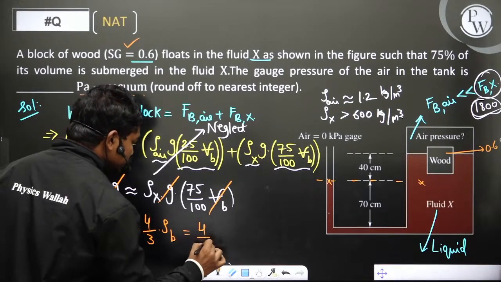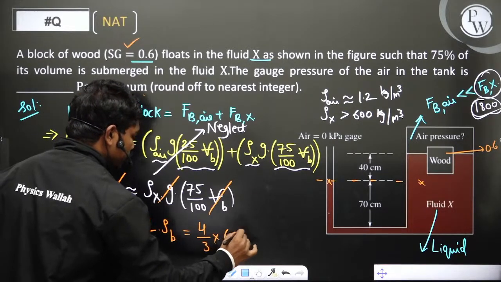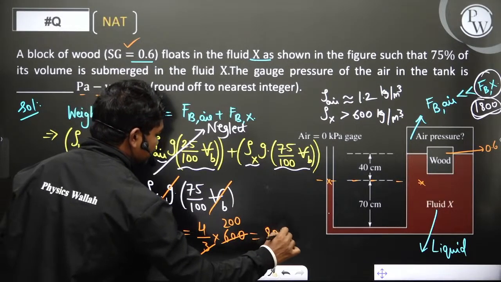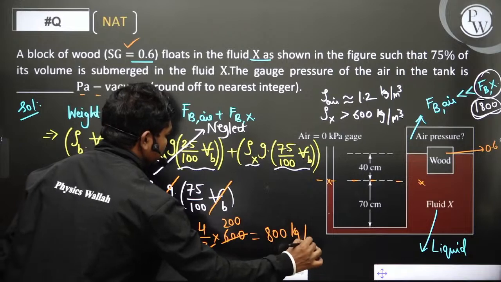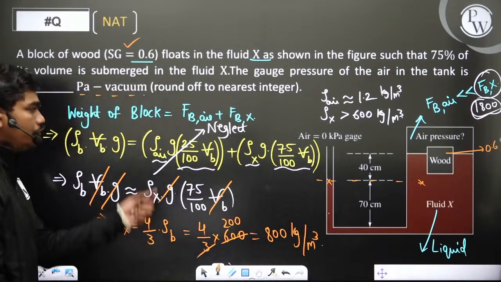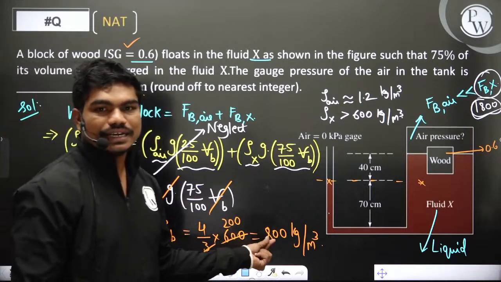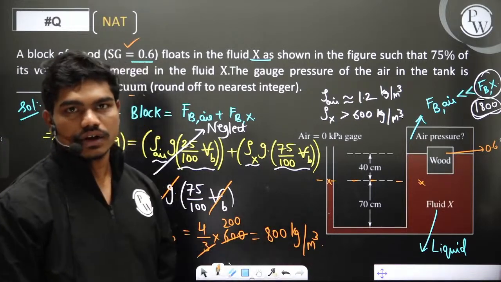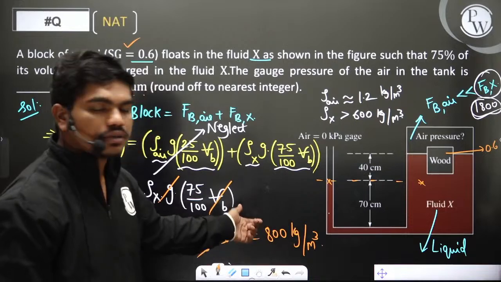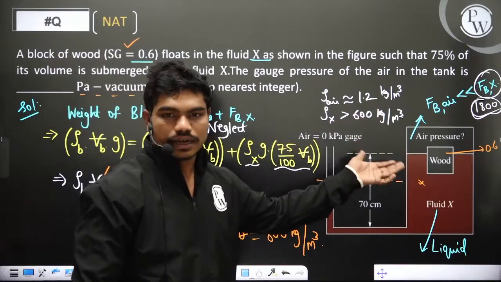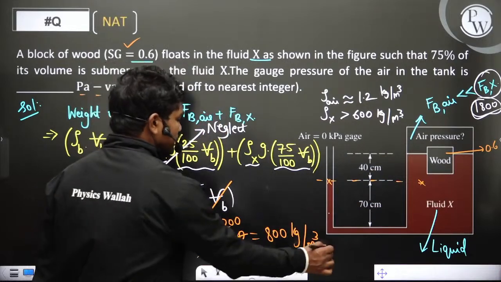So 4 by 3 times 600 is 800 kg per meter cube. If you take air as 1.2 and all, the calculation will be maybe 798 or 797, not even that much, close to 799 obviously, because this is roughly 2100 times.